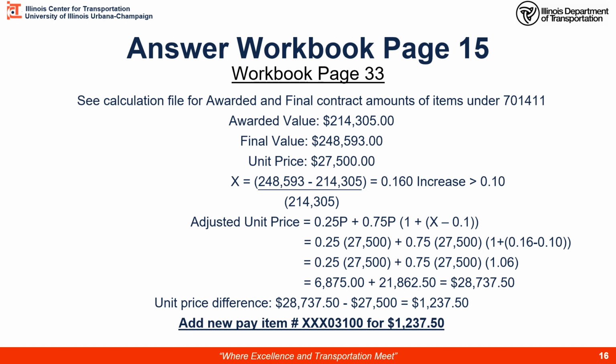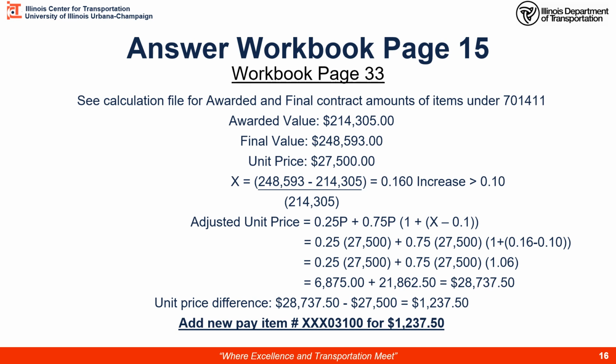Not much of an increase, but an increase. So $1,237.50 is our increase, and that will have to be added to the project as an adjustment. So we'll have to add the quantity of one contract price adjustment for traffic control, and then that lump sum for that adjustment is going to be the $1,237.50.